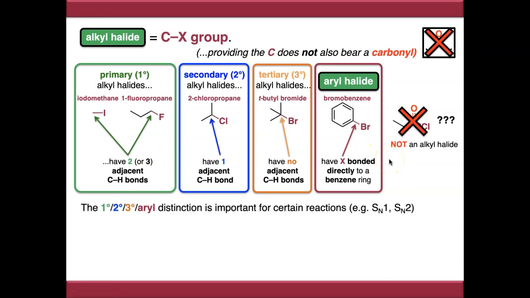So once again, the distinction is important, and we'll do a lot of reactions in this module, particularly SN1 and SN2 type reactions, where the distinction between these primary, secondary, tertiary designations is really important.